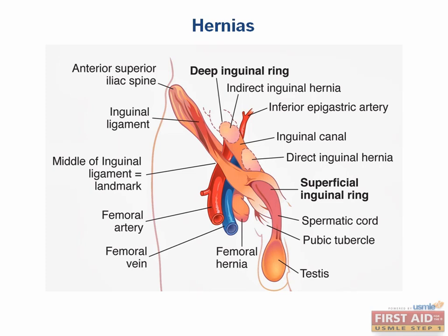The direct hernias are commonly thought to be associated with congenital weakness in the abdominal wall or heavy lifting or exertion, but study results are mixed. One mnemonic you can use to remember the difference is MDs don't lie. This reminds you that medial to the inferior epigastric vessels is direct, while lateral to the inferior epigastric vessels is indirect.